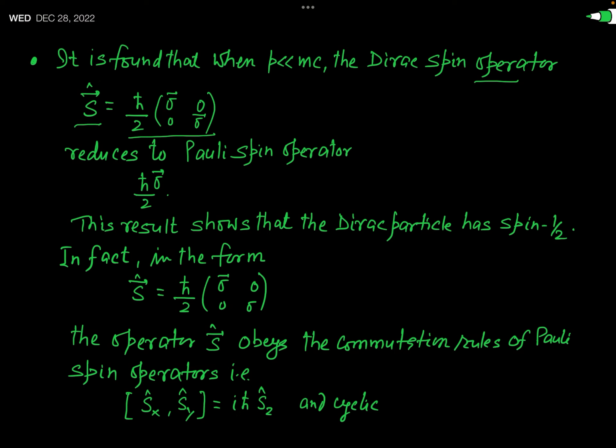But we will see later on that when the linear momentum p is much smaller than mc, this spin angular momentum simply reduces to the Pauli spin operator, which is simply equal to h bar by 2 sigma. But this will happen only when p is much smaller than mc, which means in the case of non-relativistic motion.